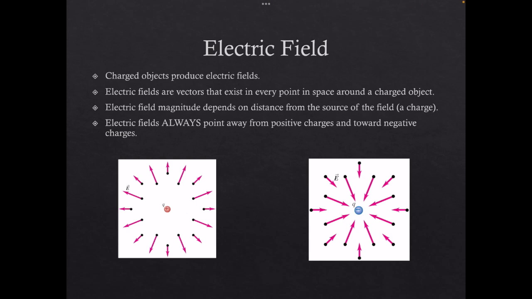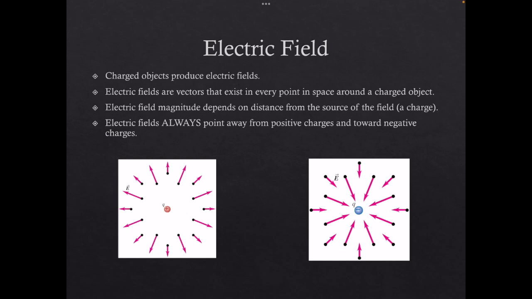Those really massive objects are going to produce gravitational fields. But for charges, even the tiniest charge produces an electric field that has some influence over other charged particles. So every charged object produces an electric field in the very same way that massive objects produce gravitational fields. So if that analogy helps you visualize electric fields, use it.